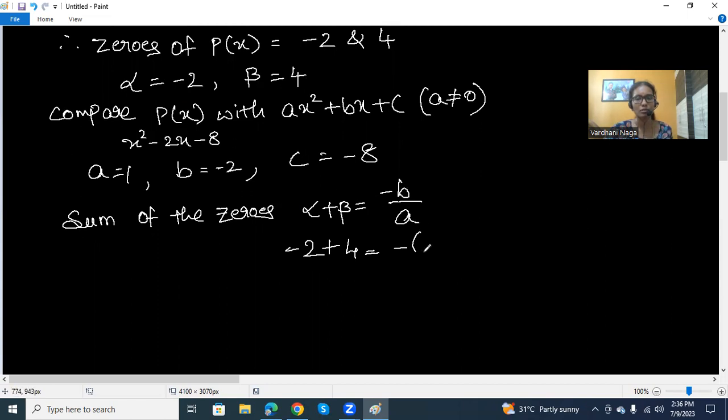Minus of b value is -2 divided by a value is 1. So -2 plus 4, unlike signs, subtracted. So answer is 2. Greater number sign follows. So +2 is equal to minus into minus, +2. So both are equal. So our zeros are correct.